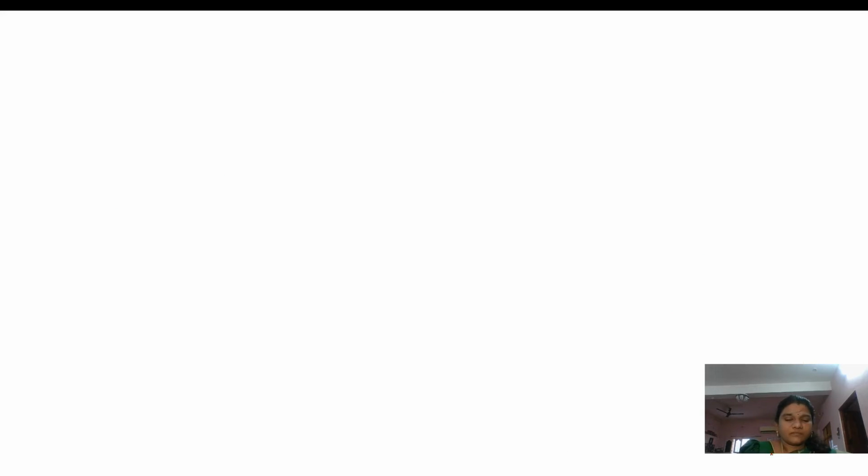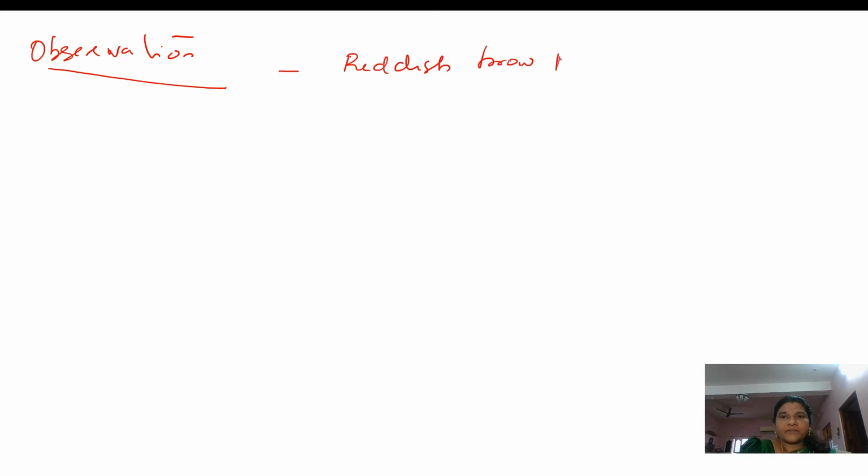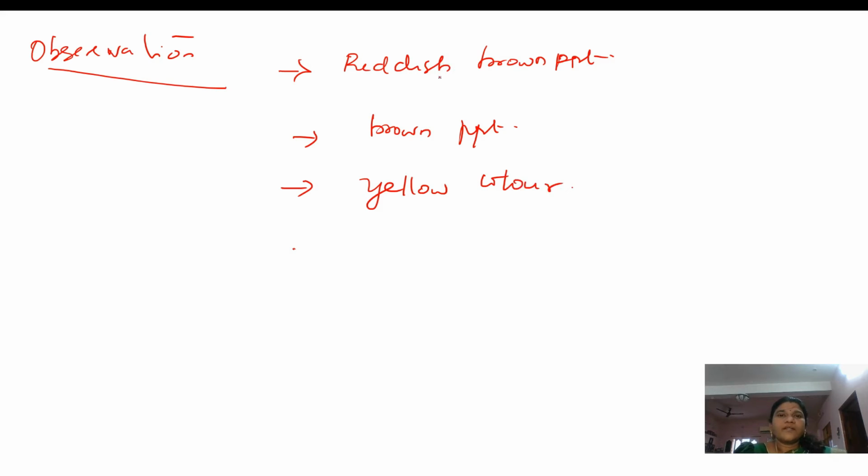Then the observation. There are several observations: a reddish brown precipitate, a brown precipitate, or a yellow color. A reddish brown precipitate indicates the presence of aliphatic monocarboxylic acid.